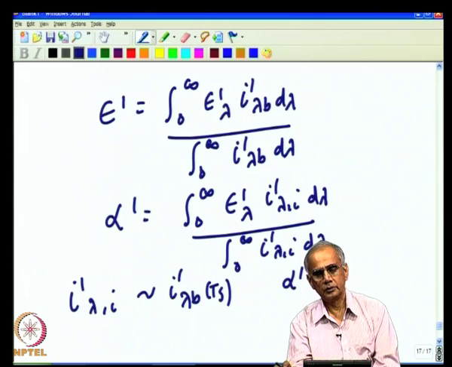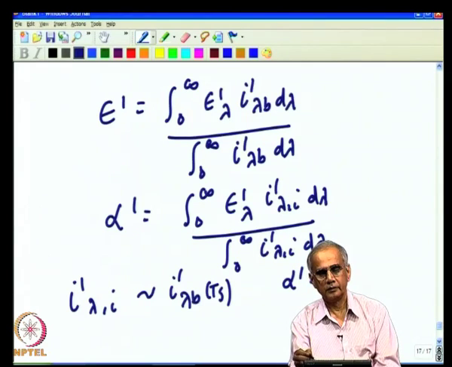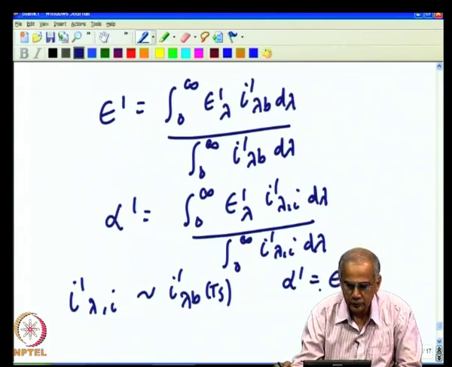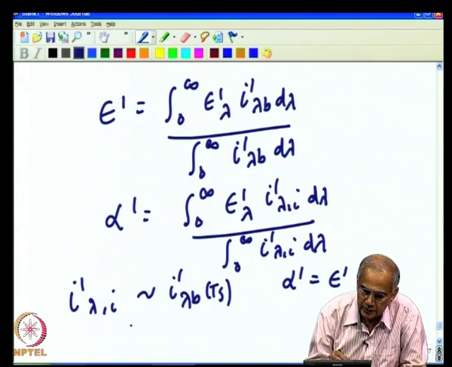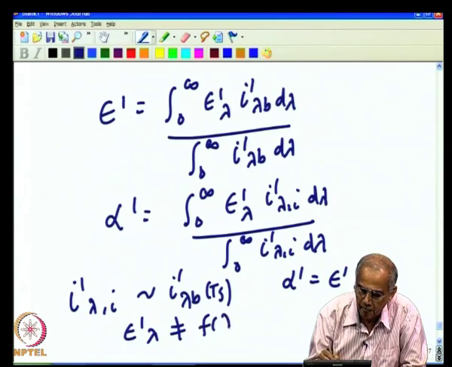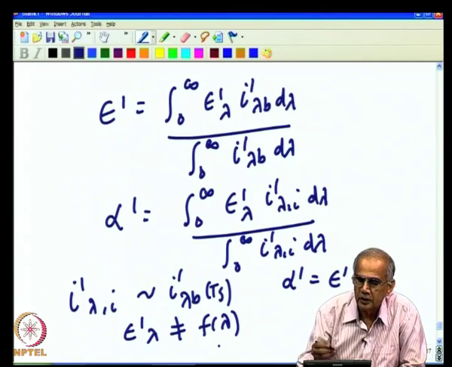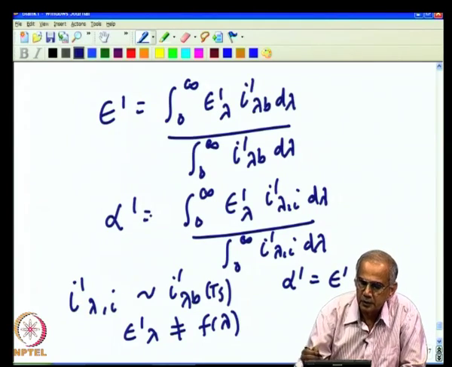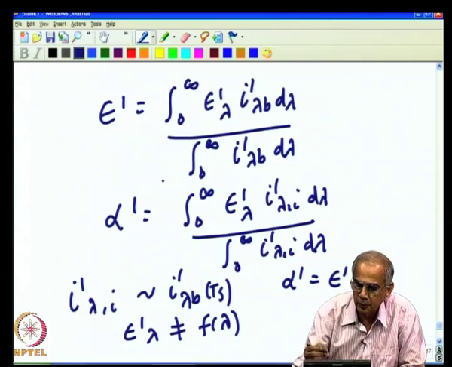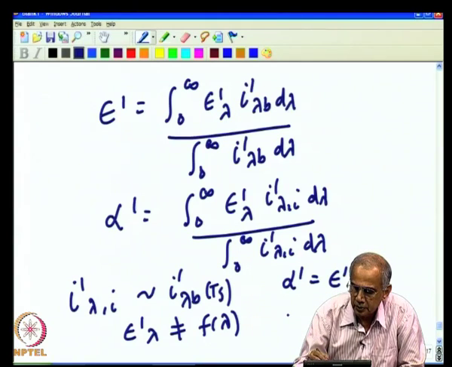So, this is going to be satisfied very rarely. The other case is, by chance, if this quantity is not a function of lambda, it is an independent value, you can take this out of the integration, then both these are equal, and this is what is called a gray surface.